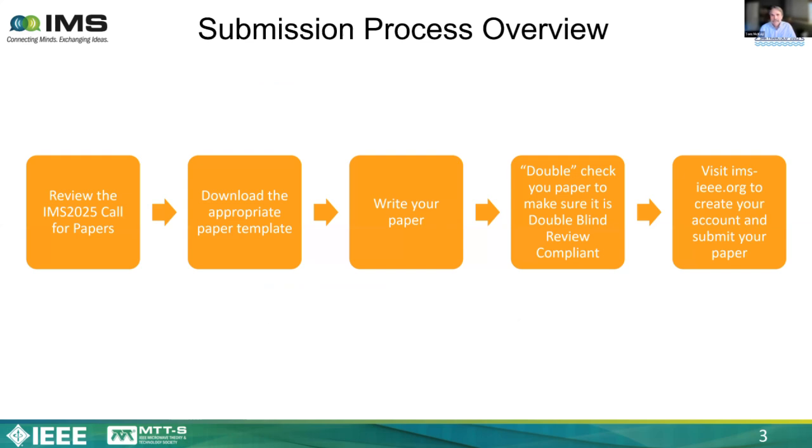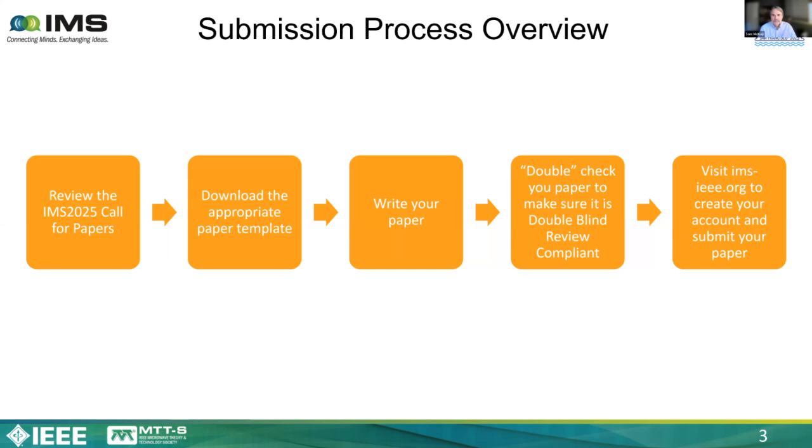So the submission process overview is shown here. The first thing to do is really to review the 2025 call for papers and to look for topics and align to that, and also lots of information about dates and where to find things. And then you want to download the appropriate paper template in either Word or LaTeX.